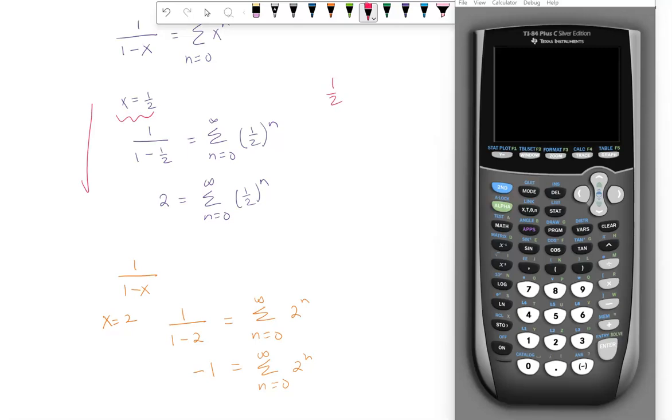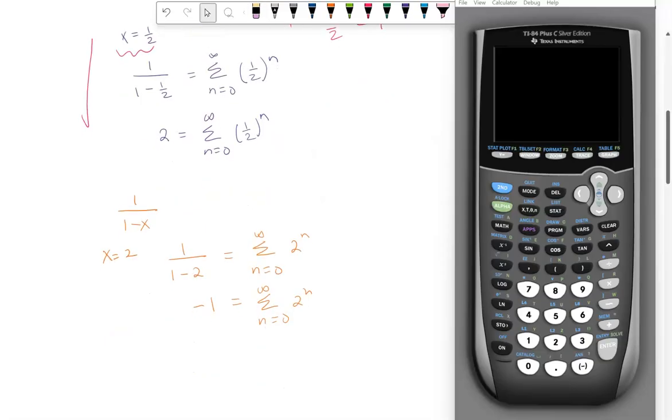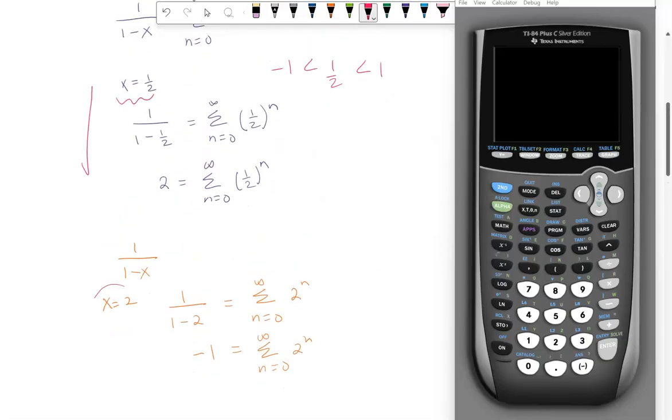So 1/2 was between 1 and -1. Whereas when we used our second approximation, when we used x equals 2, 2 was outside of that interval of convergence. So, in short, our interval of convergence is the set of all x values for which the function and the series agree.